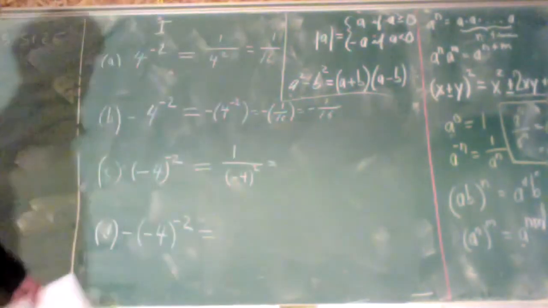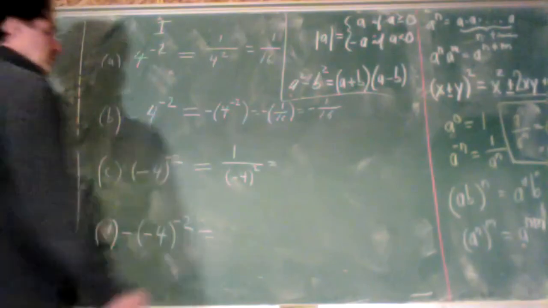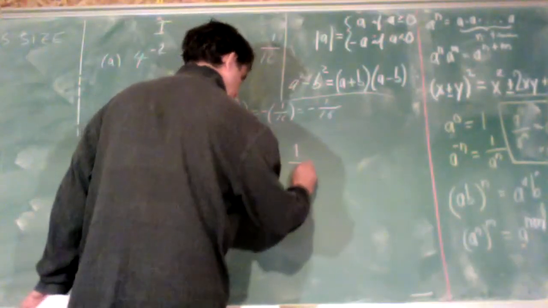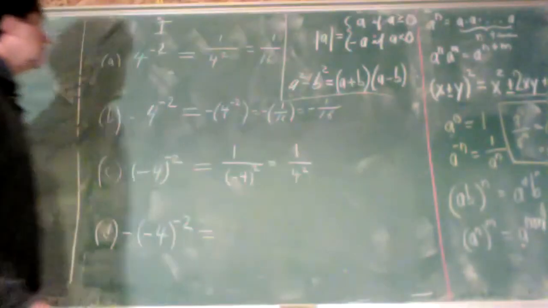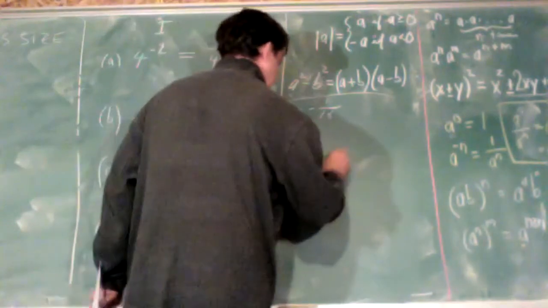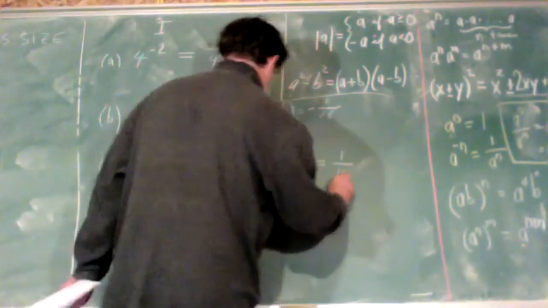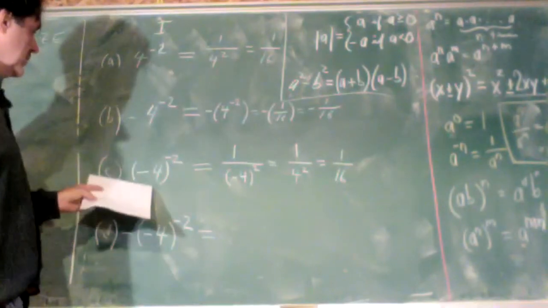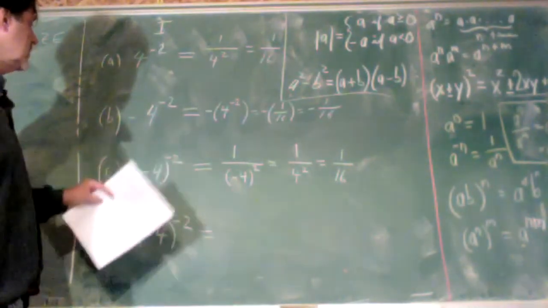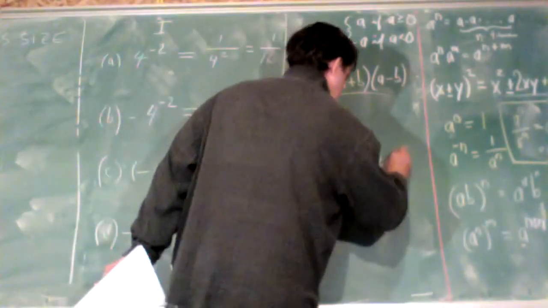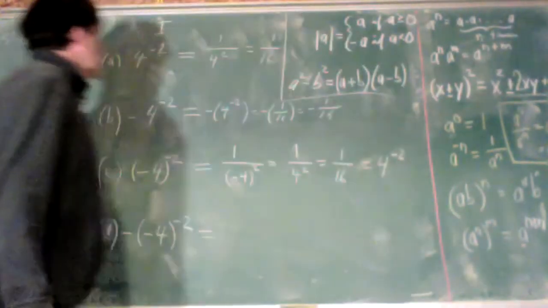Well, the square of minus 4 is the same as the square of plus 4. And 1 over 4 squared, we already saw, was 1/16. So in fact, the quantity minus 4 to the negative 2 power is equal to 4 to the negative 2 power.